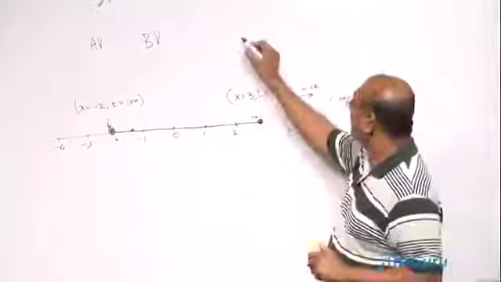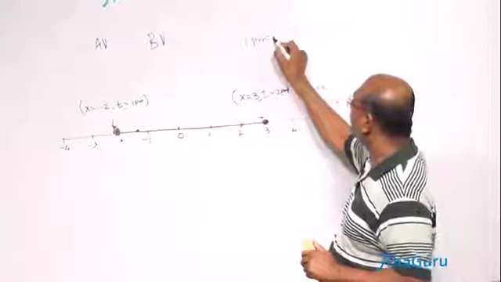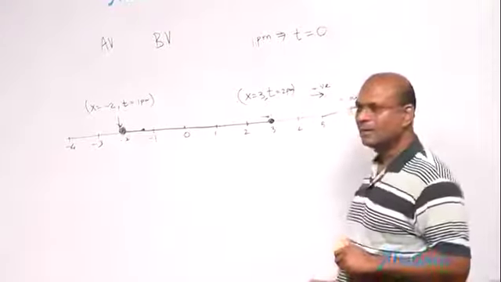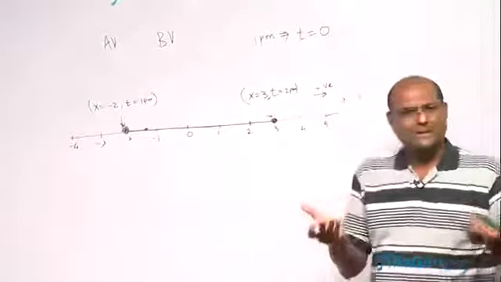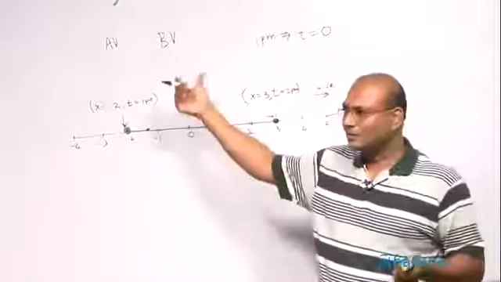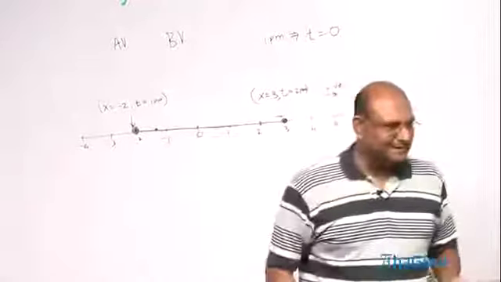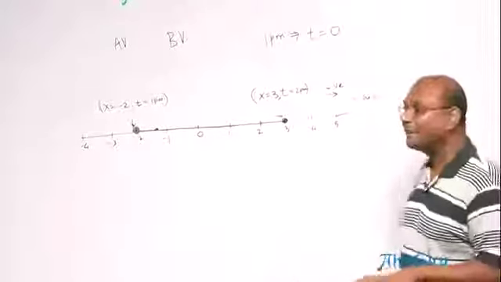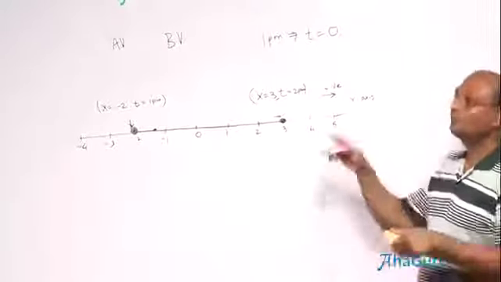Suppose I say 1 p.m. is t equals 0. Does that mean that 12 p.m. didn't exist? T equals 0 is 1, so everything only afterwards exists. What about 11 a.m.? It exists. So what will you call 11 a.m.? Minus 2 hours.